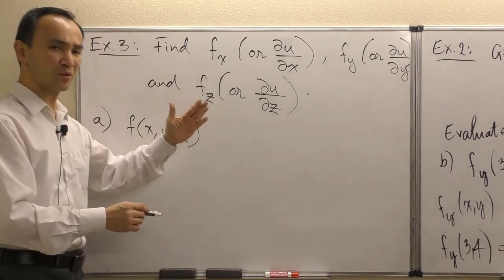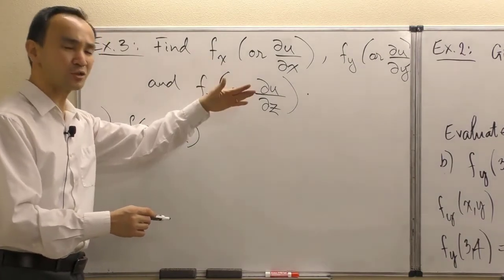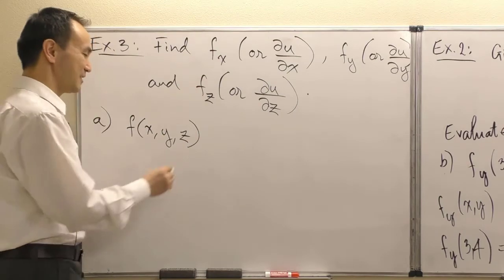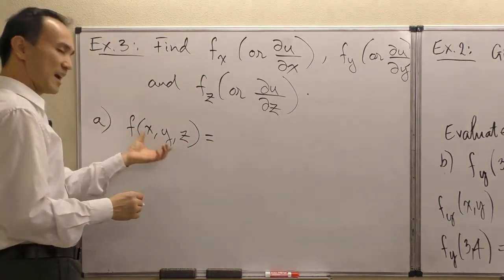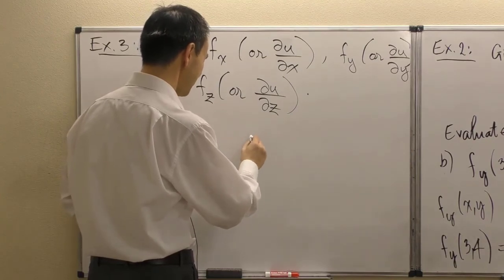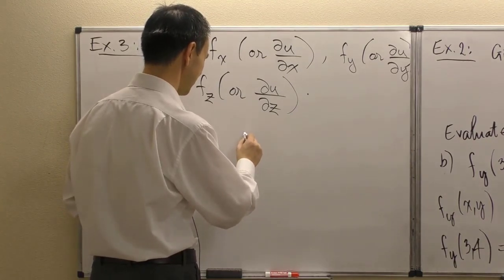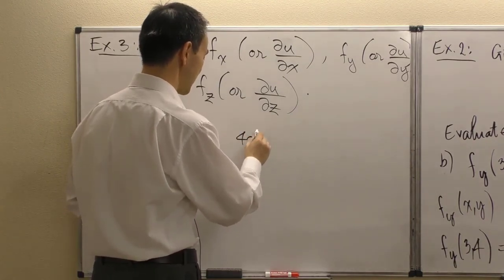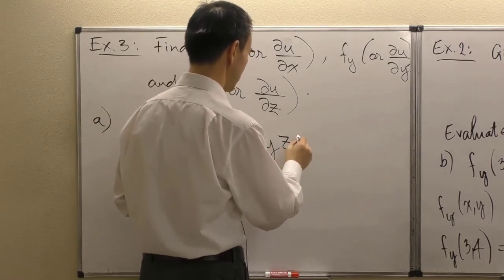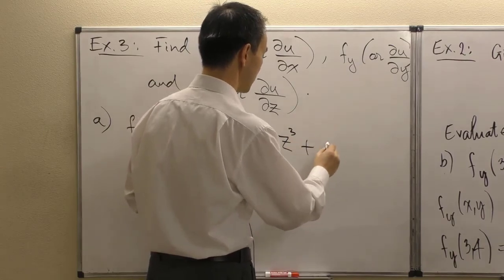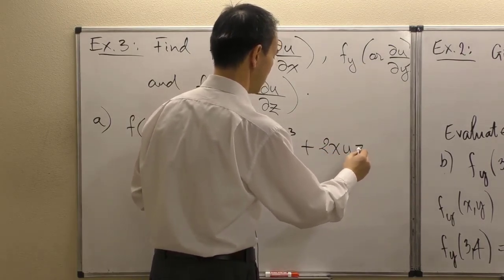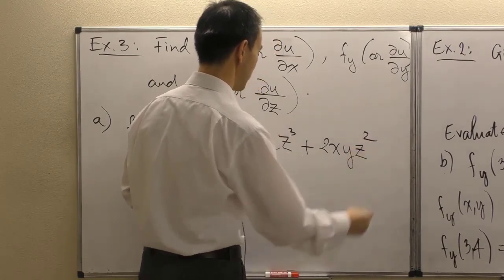Okay, and so now I'm about to write functional notation. So that means when we're getting into using the partial derivative, then we use this kind of symbol over here. Now how about the function f of x, y, z is defined to be 4x squared y z cubed plus 2xy z squared.